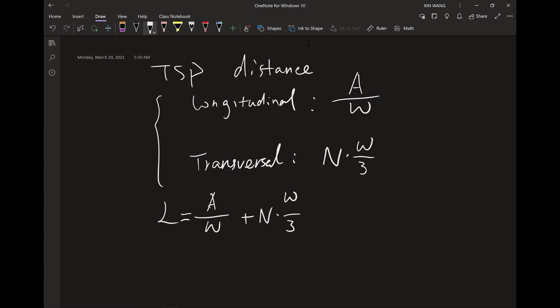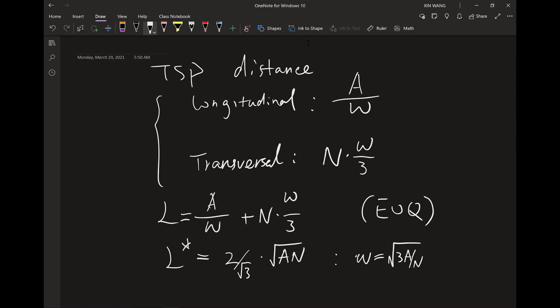This can tell us how we choose the width of the swath. Right? So this is the EOQ structure. That can tell us the minimum distance for this TSP, which is achieved when the width equals the square root of 3A divided by n. Since this is a feasible solution, it tells us that in L1, the optimum TSP constant for L1 is smaller than this feasible TSP tour.